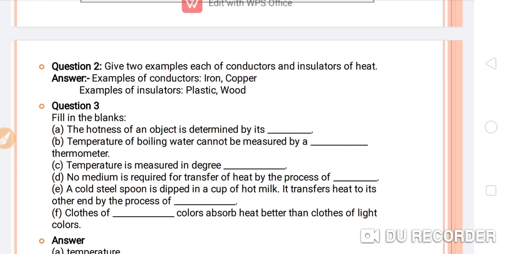Examples of insulators: plastic and wood are both very poor conductors of electricity or heat, which means they are insulators.